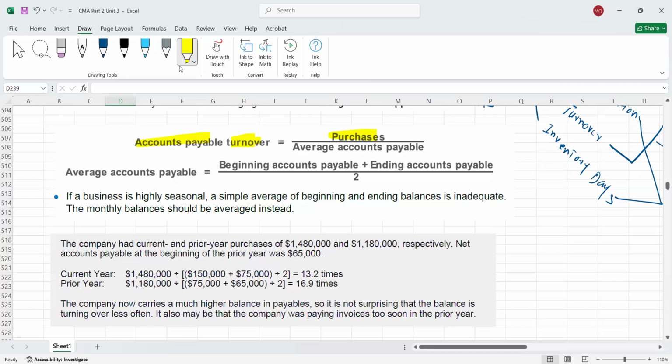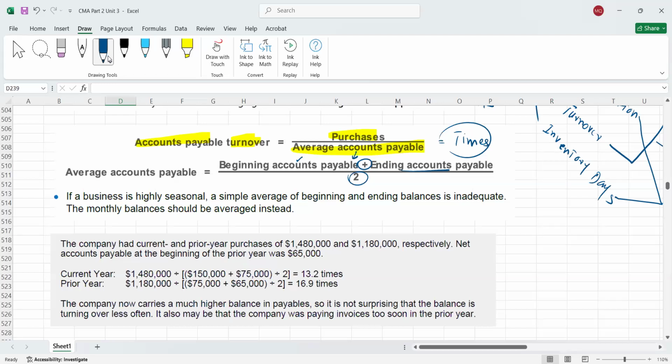So purchases figure, and this you will divide with the average accounts payable. This will give you answer in times. Again, average accounts payable, how would you calculate? Similar way, you will take beginning accounts payable, meaning say last year accounts payable, plus ending accounts payable, meaning say current year accounts payable, and you will divide with two. This is what is called average accounts payable.